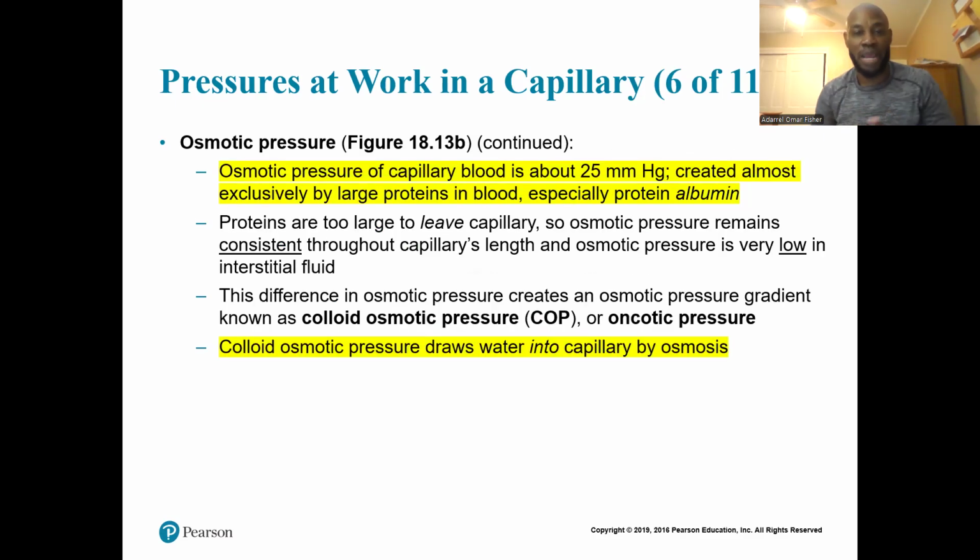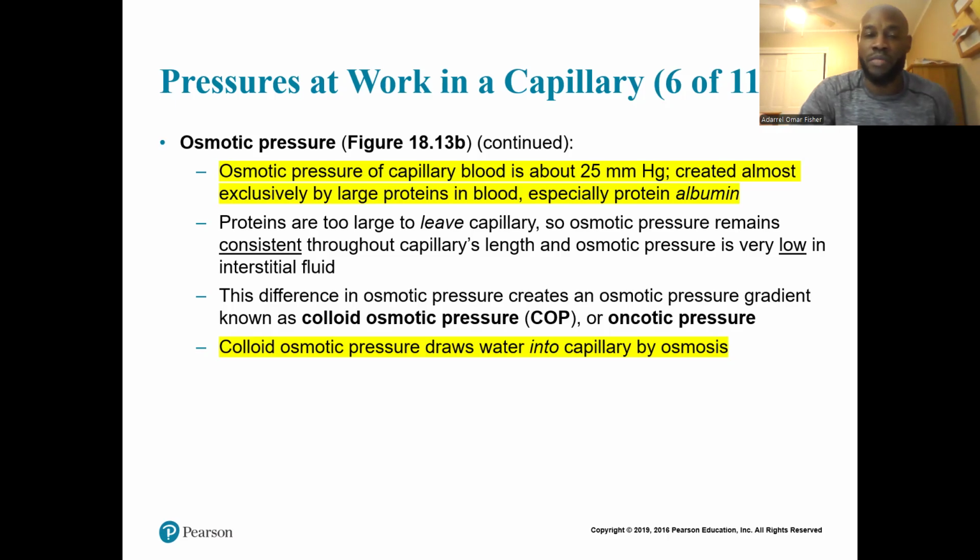The osmotic pressure of capillary blood is about 25 millimeters of mercury. Notice that's lower than the hydrostatic pressure at the arteriolar end, but higher than the hydrostatic pressure at the venular end, the end closer to the veins, the venules.